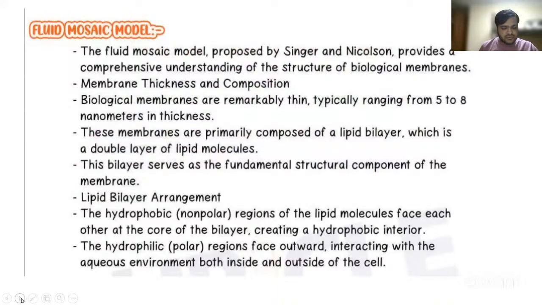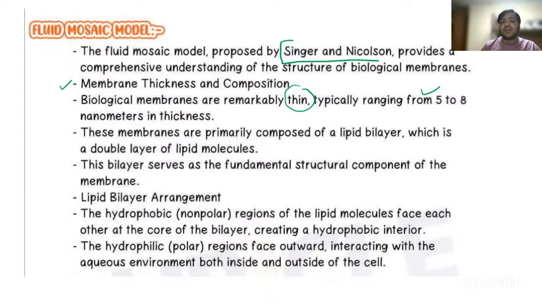Now coming on to the fluid mosaic model. As you already know from +1, it was proposed by Singer and Nicolson in 1972, and it describes the structure of the biological membrane. Biological membranes are very, very thin, ranging from only 5 to 8 nanometers in thickness.